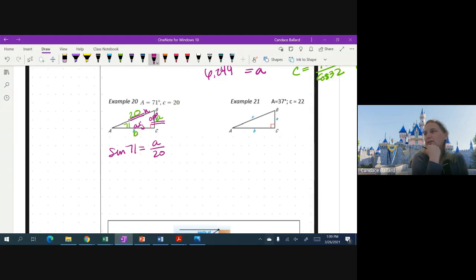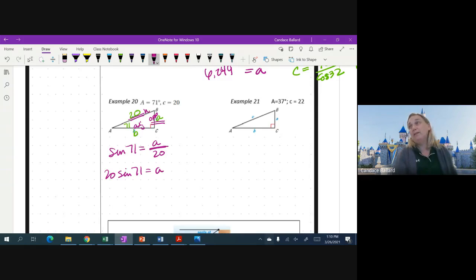I am under division right now. So Angelica, revise your answer for me. All right, we are in fact going to multiply. So I've got 20 times the sine of 71 equals A.